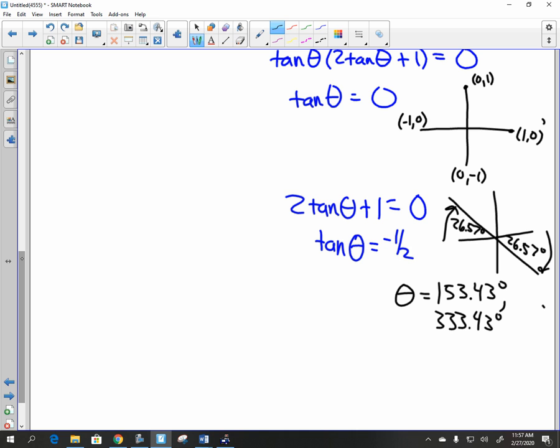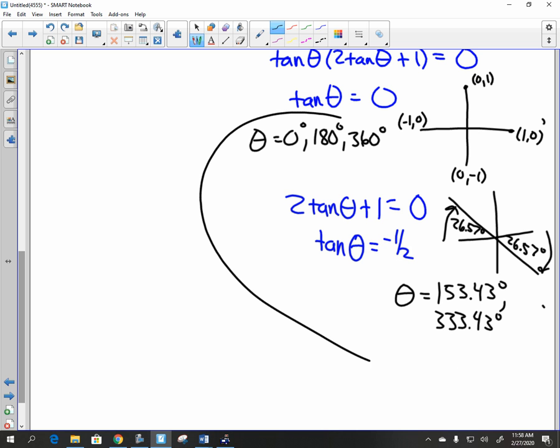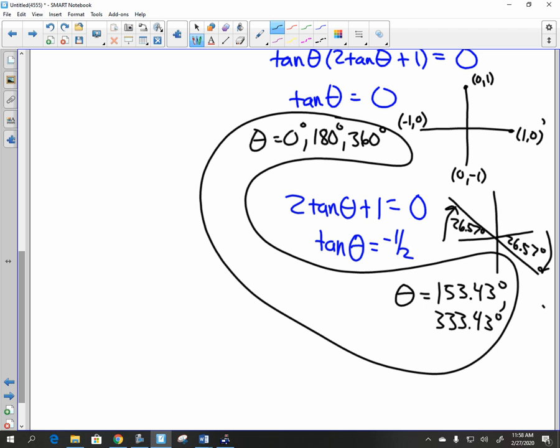Here you'll get undefined, 0, undefined, 0. So we have theta is equal to 0 degrees, 180 degrees, and 360 degrees. So John, you can see in this situation that you end up with 5.